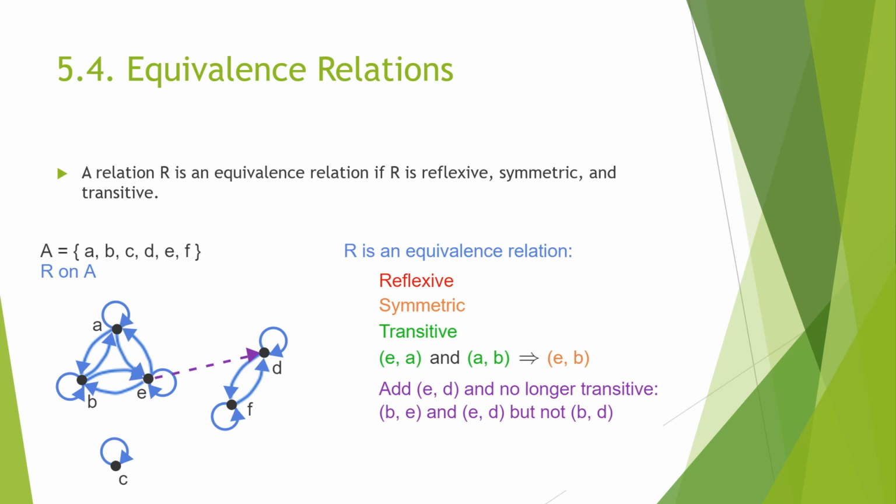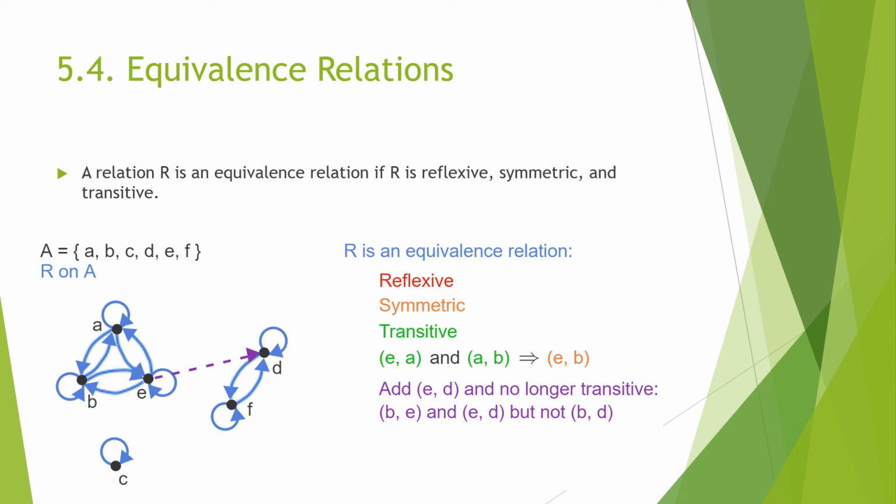In other words, it is transitive because we have a complete triangle between A, B, and E. As you see, since E is related to A and A is related to B, E should be related to B, which is true in this case. And you cannot find any counterexample for the definition of transitivity in this graph.